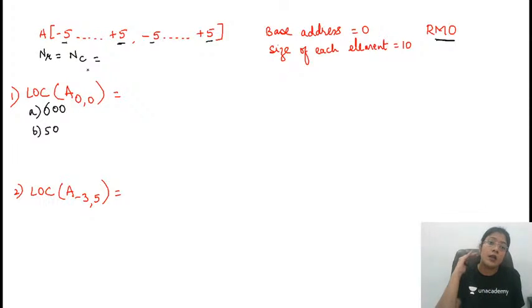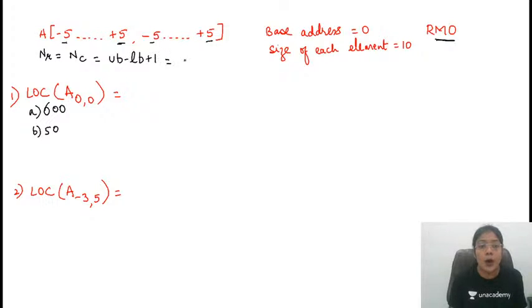Last row number minus starting row number, upper bound minus lower bound plus 1. Upper bound is plus 5 minus lower bound is minus 5, plus 1. This comes out to be 11. Why are we getting 11? Because we need to count 0 as well.